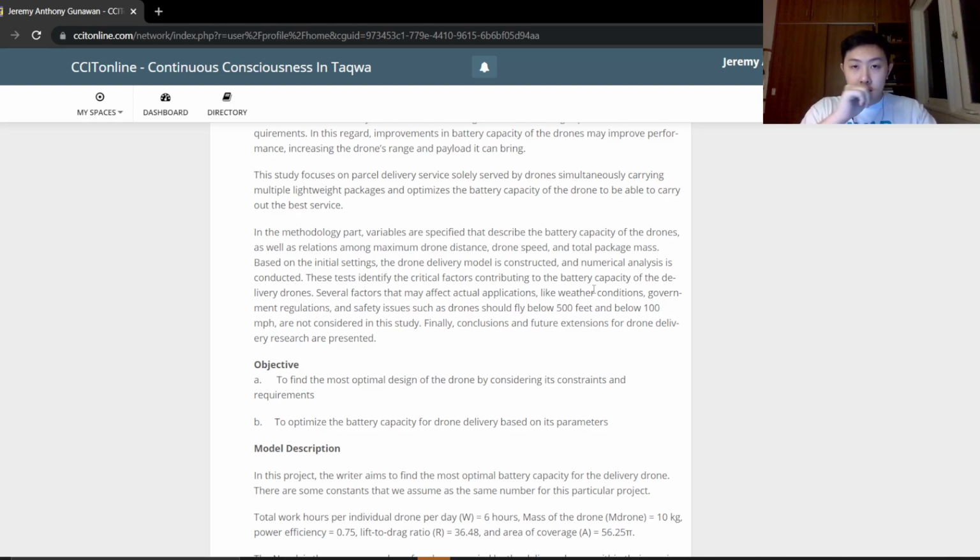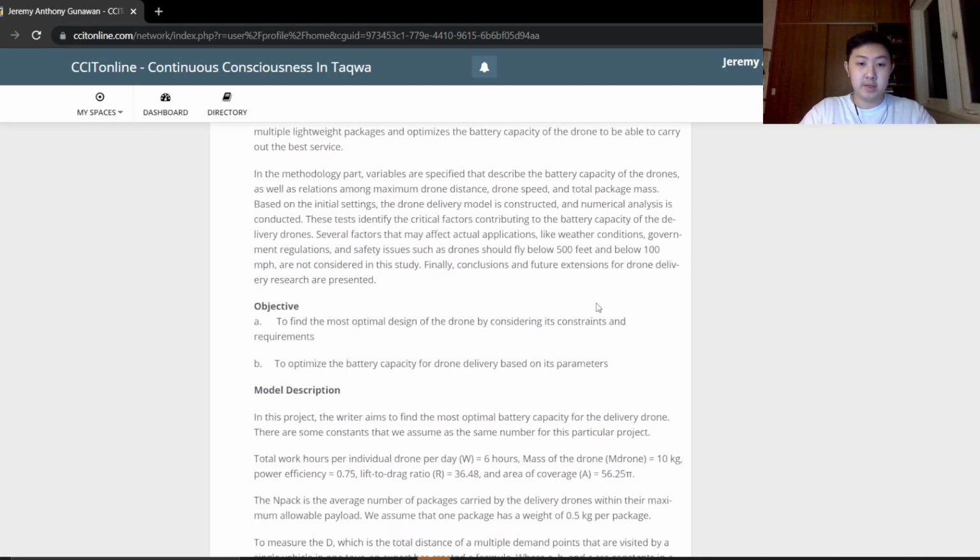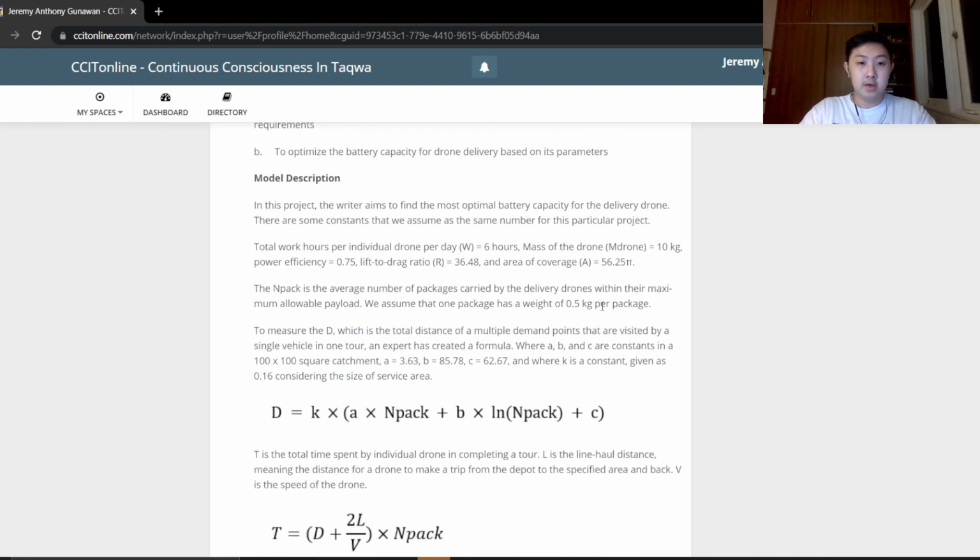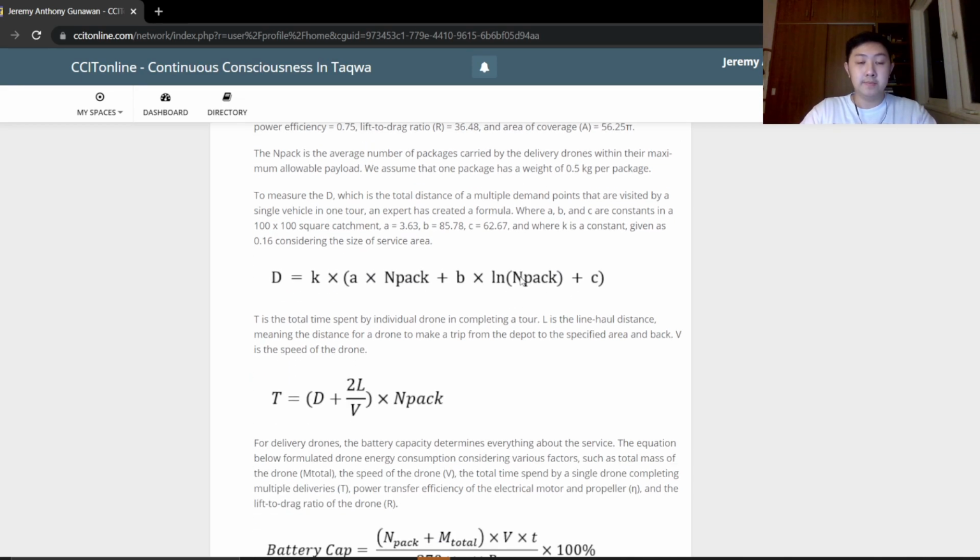To find the most optimal battery capacity, I created this project to find the most capable battery. Nowadays, drones are using lithium-ion batteries, which is why it seems to be a problem. It usually only lasts 30 minutes.